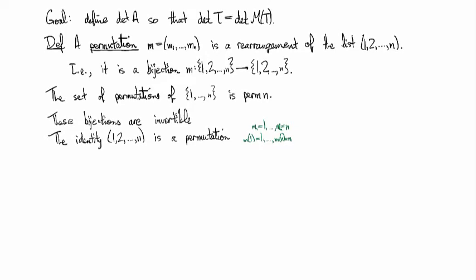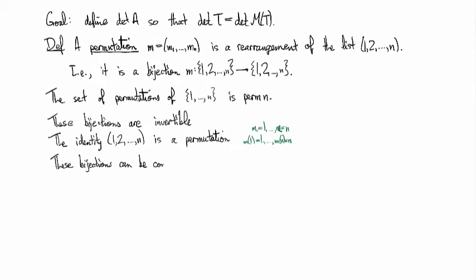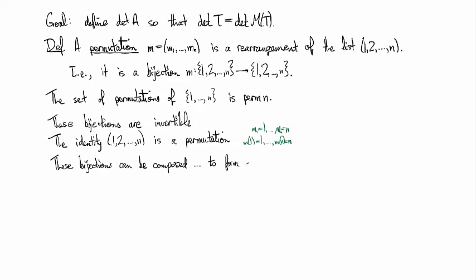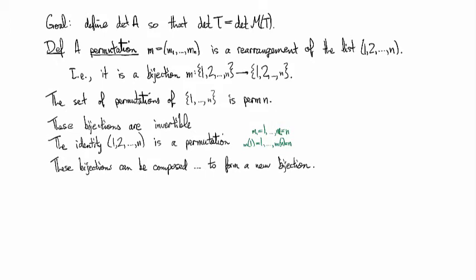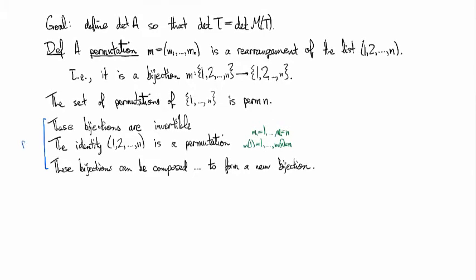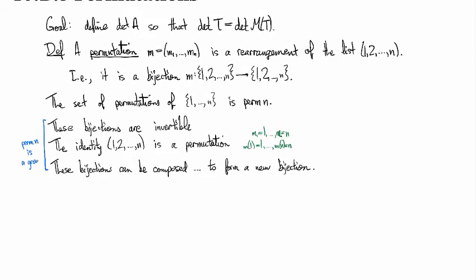We know that these bijections can be composed and the result of composing two bijections is another bijection. So in other words, the result of composing two permutations is another permutation. And so these all together then tell us that the permutations form a group.